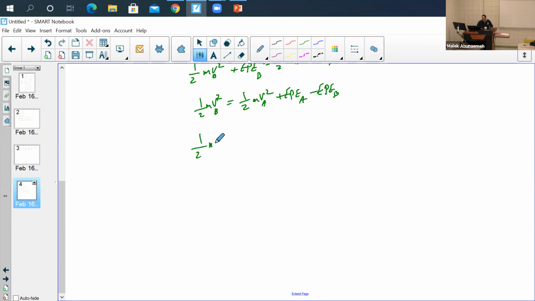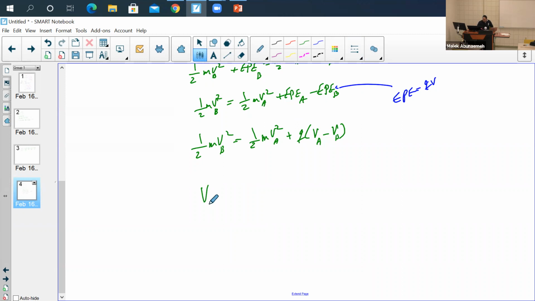Solving this, you get 1/2 m v_B squared equals 1/2 m v_A squared plus the electric potential energy, which we said is going to equal your charge multiplied by the potential, so the charge multiplied by V_A minus V_B.